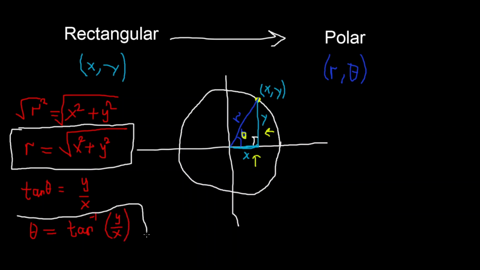This is the formula that we will use to find theta using a rectangular coordinate. Write these down and we will look over some examples.